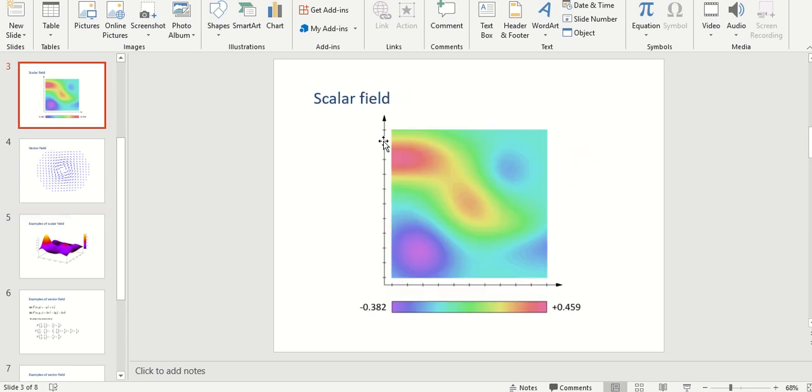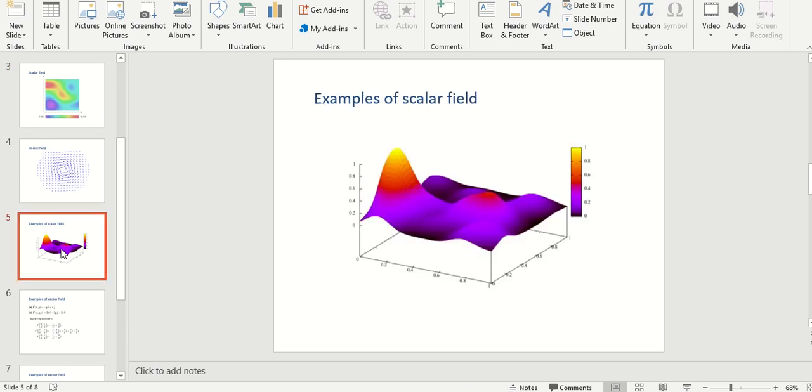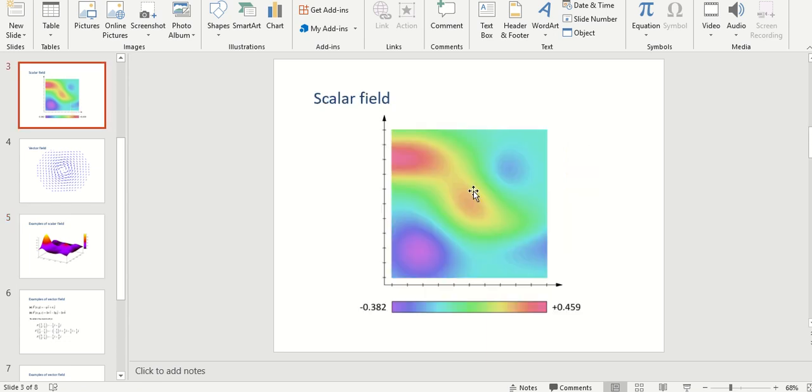So obviously we see that this portion has a high temperature. This portion is a low temperature. So in 3D, look at this. This is a high temperature. This is a low temperature. This is a low temperature, and this is high. If we see this as a 2D diagram, this figure is flattened, and we can see this diagram.